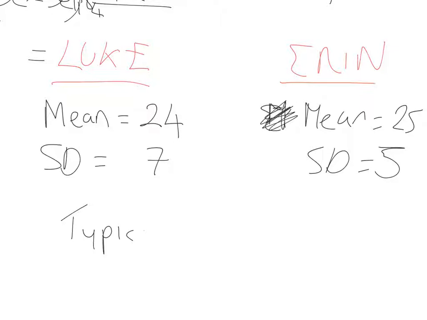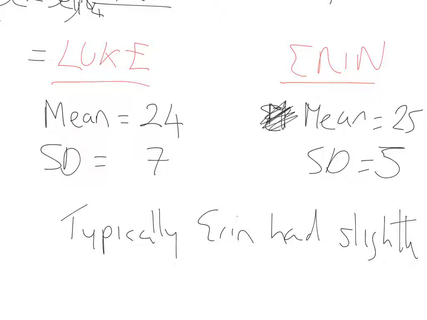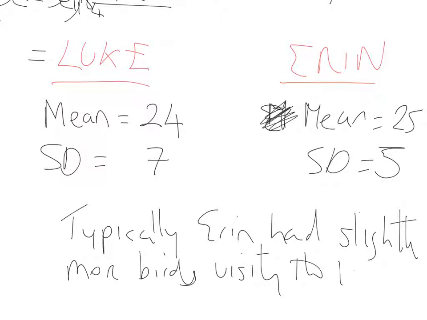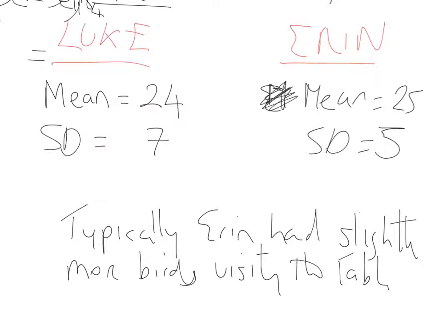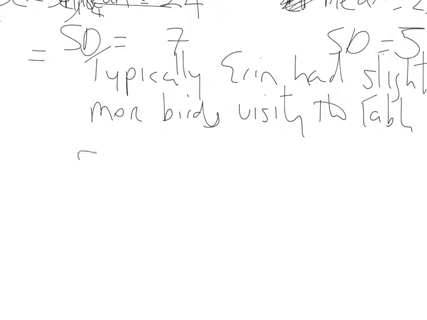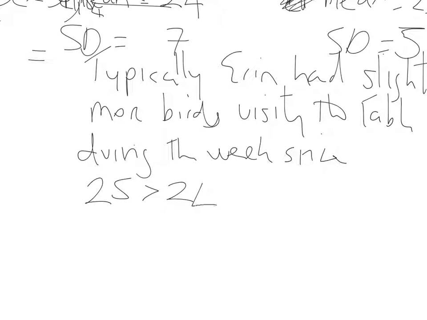Typically, Erin had slightly more birds visiting the table during the week, since 25 is greater than 24. So that's statement 1. Statement 2 is to compare the standard deviations, and that's a measure of spread.